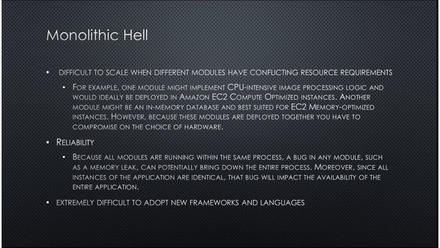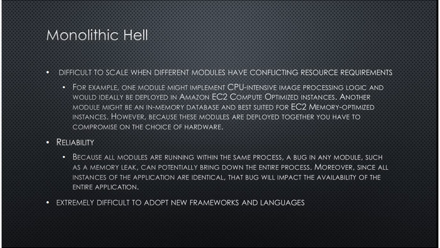What else? It's difficult to scale when different modules have conflicting resource requirements. Now let's say you have two modules. One module is a CPU intensive application. It needs more CPU power, which would be more suited to, let's say, an Amazon Elastic Cloud EC2 environment.